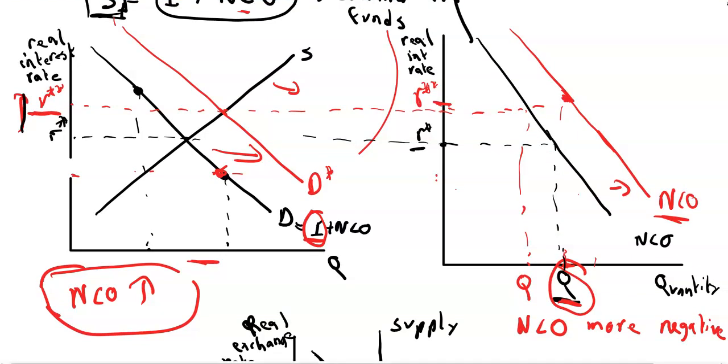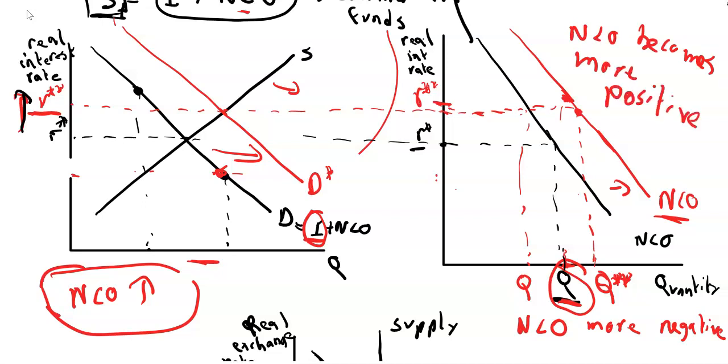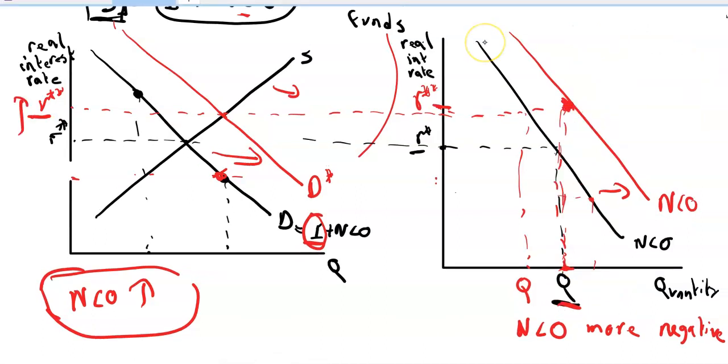With rising interest rates, the government is trying to keep the money within the country, but it may not work, and we may still see Q star star, which may show that NCO becomes more positive. So domestic residents are taking money away and buying more foreign assets. So we can see now how the loanable funds market and NCO are related.